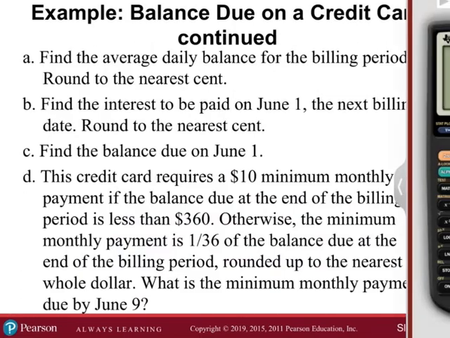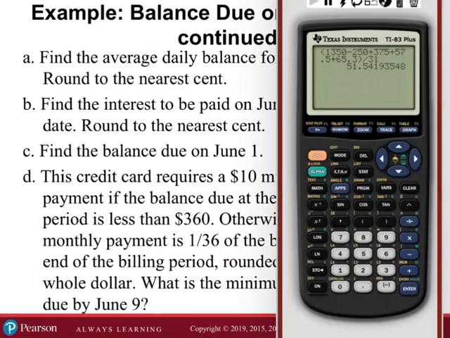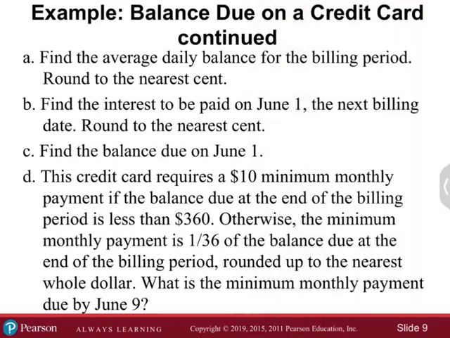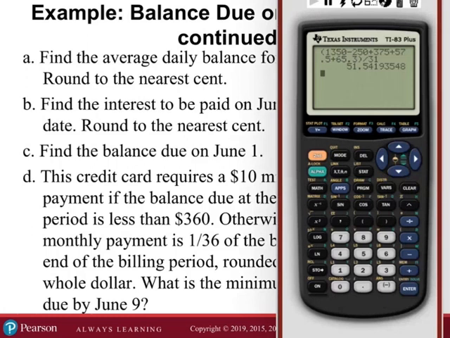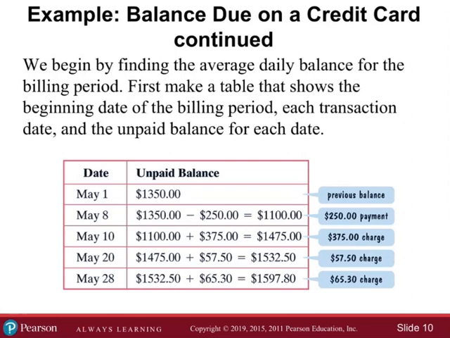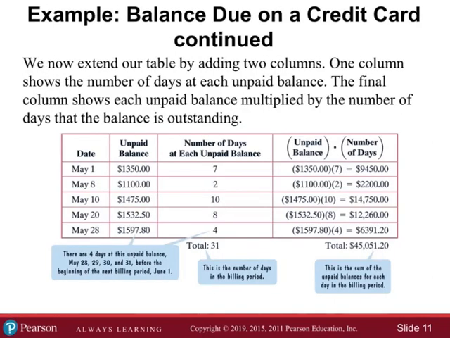So we got a result, average daily balance to the nearest cent, 5154. I'm going to glance at my notes. Charge, right? Oh, okay.